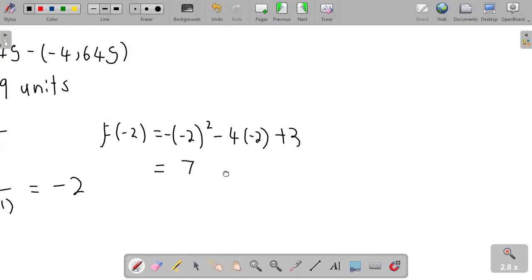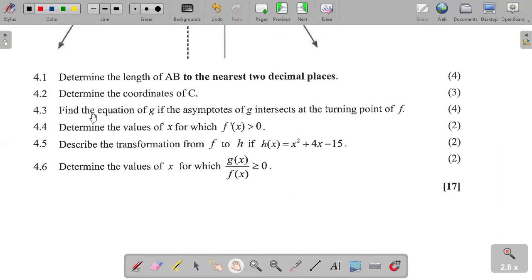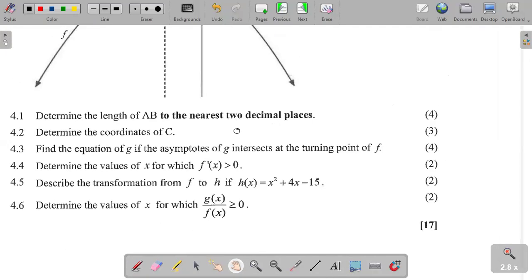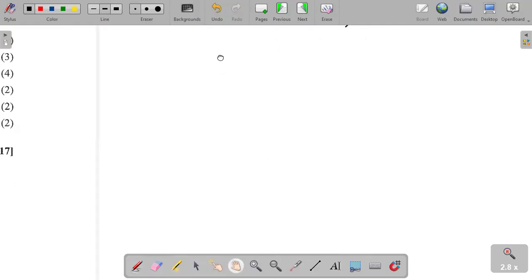So the coordinate, yeah, that's what the question says. Determine the coordinates of C. Okay. So C is negative 2 and 7. Those are the coordinates of C. And then for 4.3, what do they want?